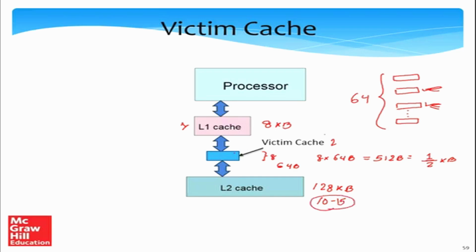The victim cache can capture those lines which are frequently used, but because of conflict reasons, cannot all be accommodated in the same set. We will definitely see some benefit. That's the reason the victim cache idea is very popular, and it is a very common artifact in modern processors.